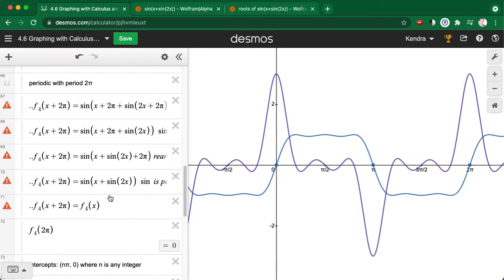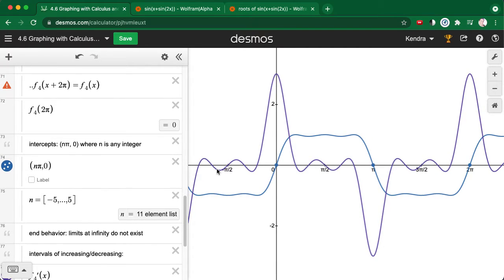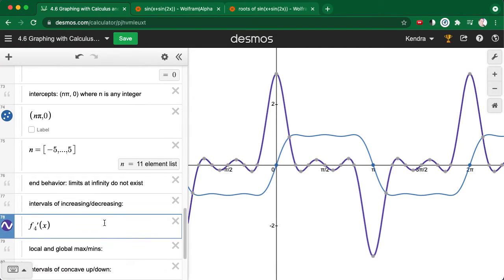Okay. Looking at this, if we look at where, oh, look, here's the intercepts. Okay, so this is where the derivative switches between positive and negative.